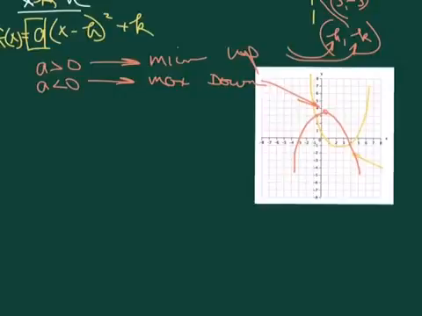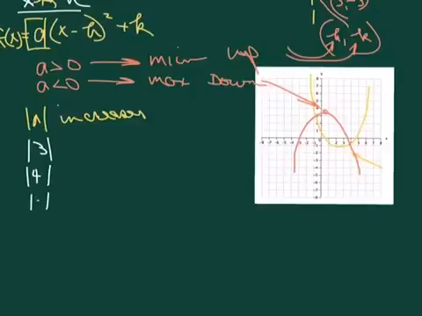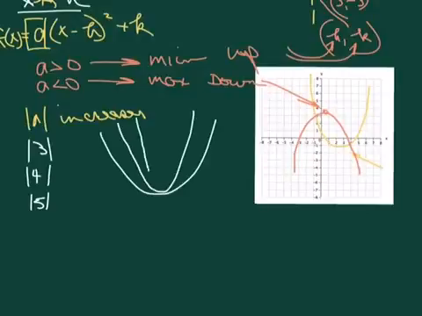Okay. As the absolute value of a increases, so what that means is as this number gets bigger, so if this were 3, 4, 5, what happens to the graph is maybe on 3 it'll look like that, on 4 it'll look like that, and 5 it'll look like that.